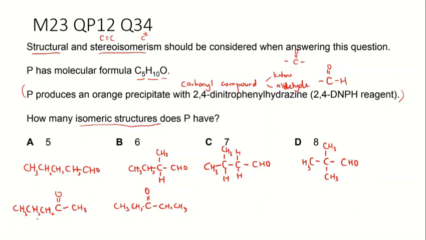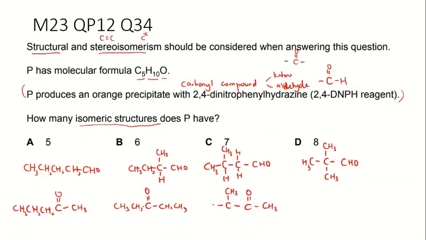I feel that this part is quite long. Probably I can put this CH3 as a branch. C double bond O, so I put CH3 here. Because it's a ketone, I cannot put H here, so I have to put CH3 on one of the sides of this C double bond O so that it can be a ketone. Okay, CH3, 1, 2, 3, 4.